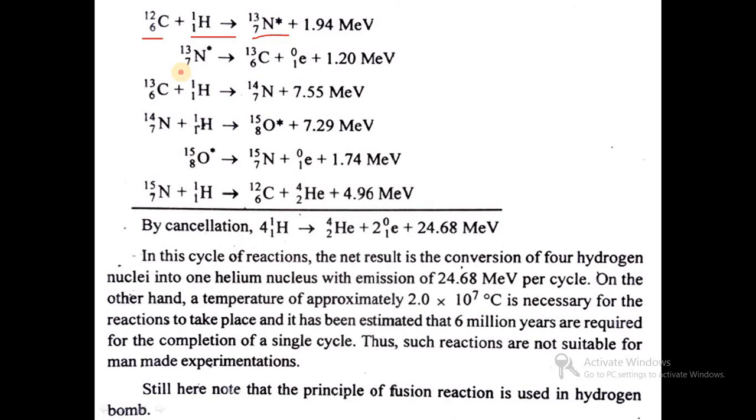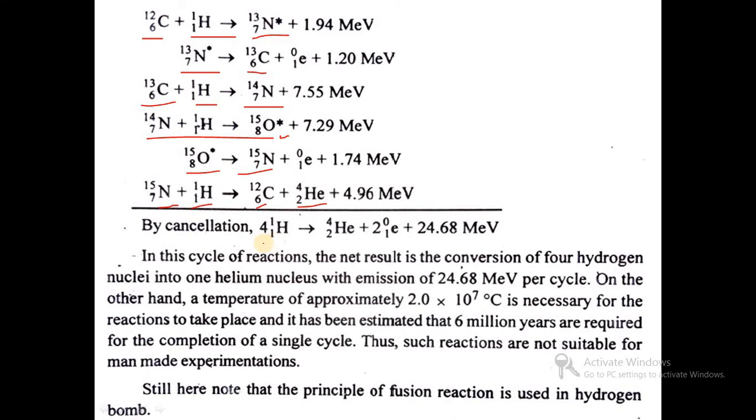Then unstable radioactive nitrogen-13 gives the stable isotope carbon-13. This carbon-13 combines with a proton and we get nitrogen-14. Further, nitrogen-14 combines with a proton and we get the radioactive isotope oxygen-15, which is converted into stable nitrogen-15.